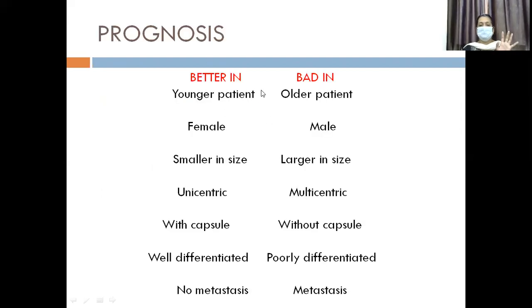So it's better in a younger female, small size, unicentric involvement with a well-defined capsule, well-differentiated nature, and no metastasis. Well-differentiated nature means, for example, in the skin, the activity of the squamous epithelial cells is to produce keratin, right? So once you see keratin pearls and all, that means the proliferating squamous cells in the carcinoma are capable of maintaining their own function, that of the squamous cell.